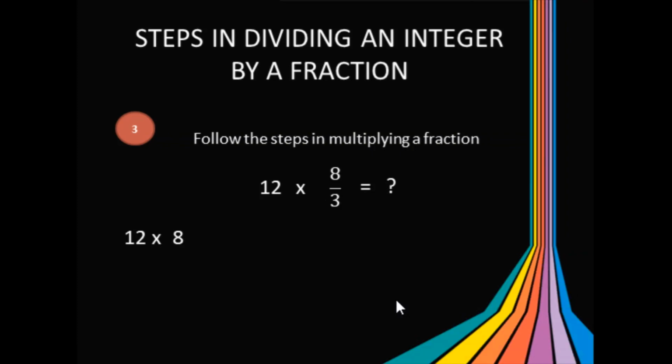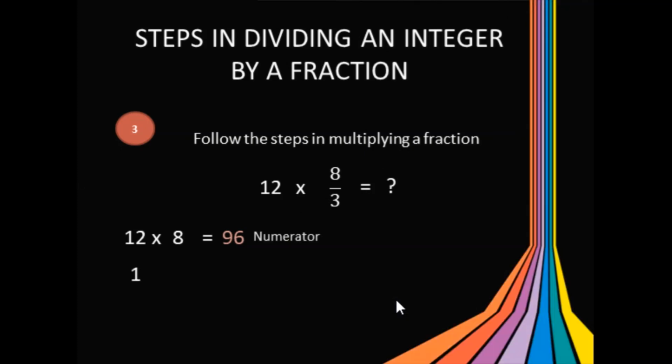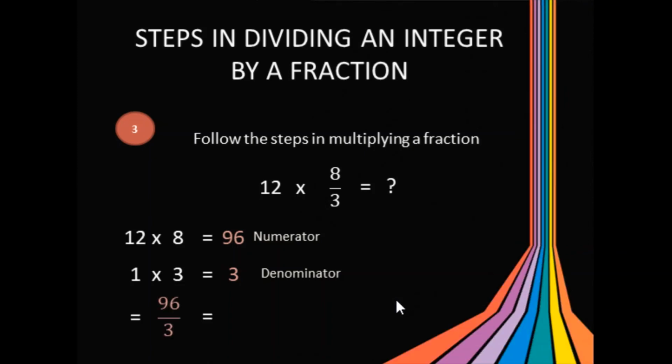We get 96, and then 1 times 3, we get 3, right? Divide 96 by 3, you will get 32. 32 is our answer for 12 divided by 3/8.